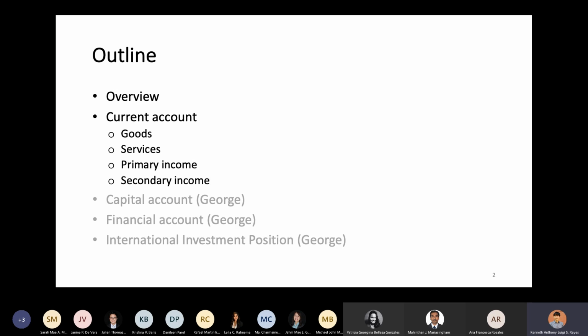After this, George will talk about the other accounts of the balance of payments, the capital account, the financial account, and a complementary set of statistics called the international investment position, which is intimately related to the financial account.